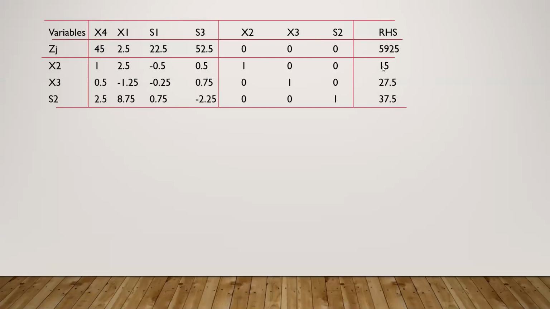So you will see which one of these will be replaced by X4. It might be replacing X2, X3, or you need to utilize S2 in a better manner. Then you're going to reiterate again. You can use the matrix form or simplex. Either way, we'll get the same answer eventually.